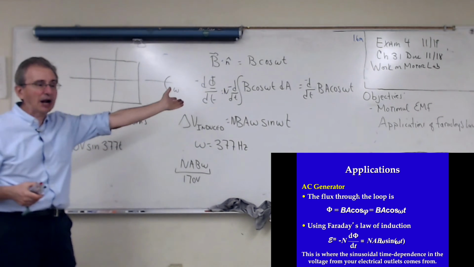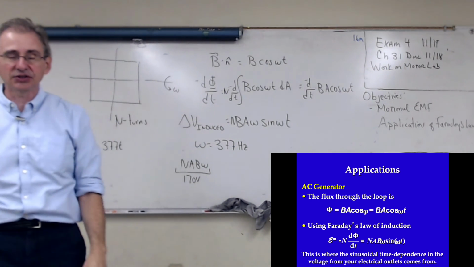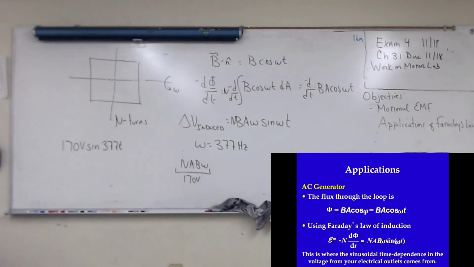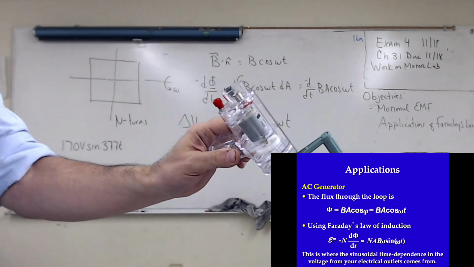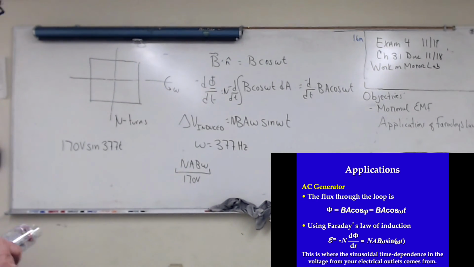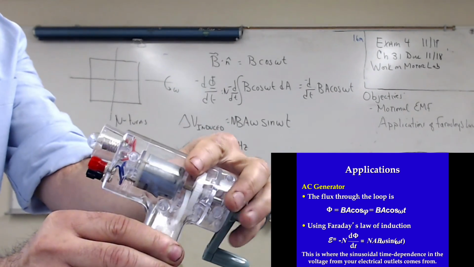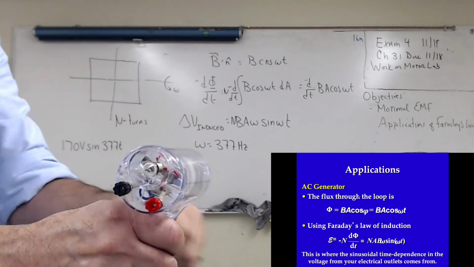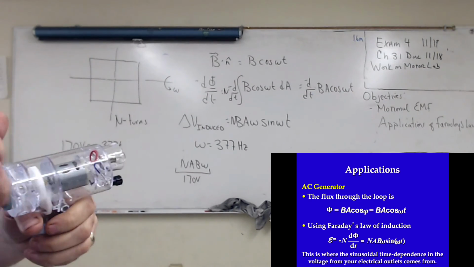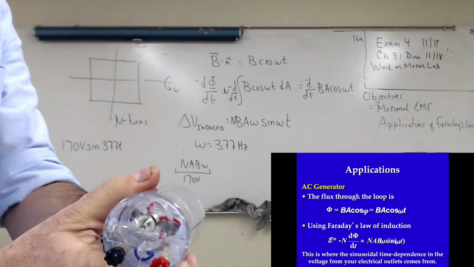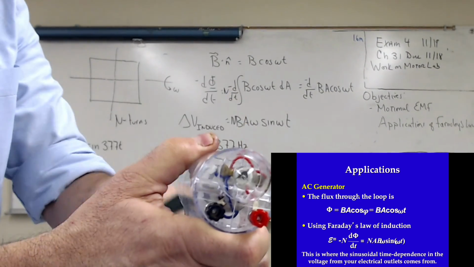What I've just described to you is a generator, an AC generator. Here's a little AC generator. Wrong one. This one has a light bulb in it. There's no battery in this thing, it's just a light bulb. Let's see if I spin it fast enough.